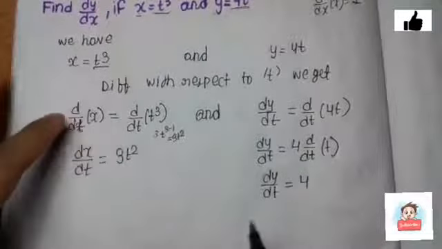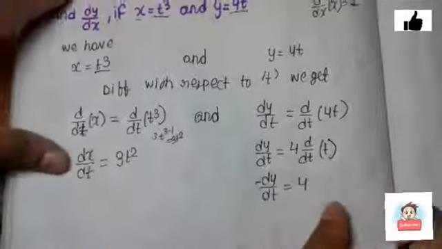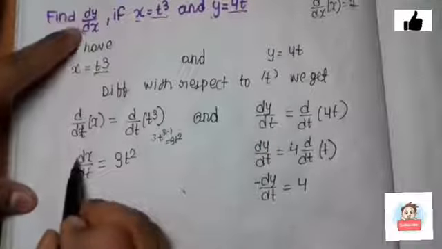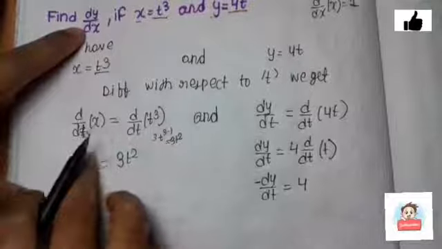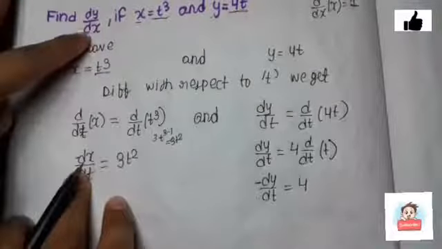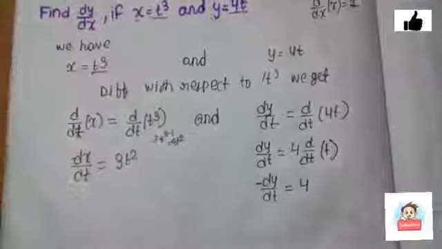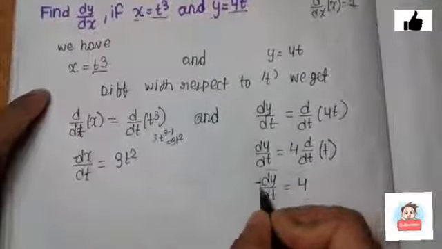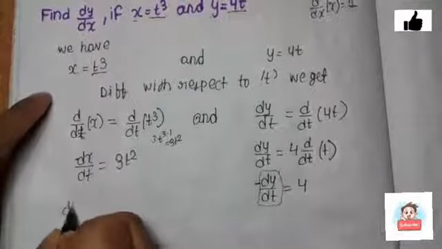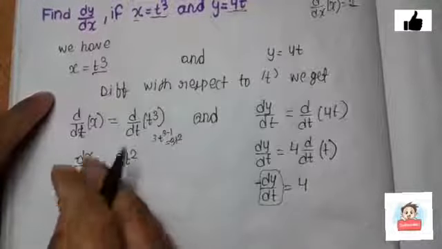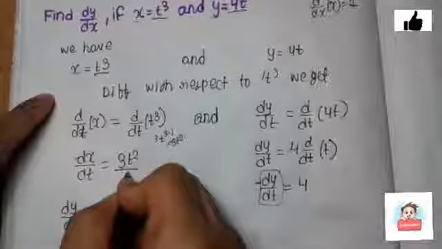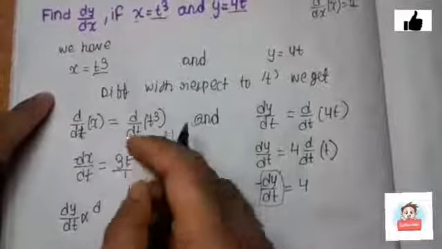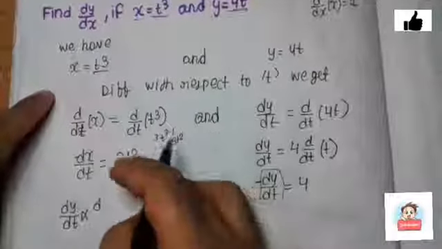Now you just see one thing: dy is in the numerator here, but when you see this, dx is in the numerator and dt is in the denominator. So in this we will cross multiply. This one is the same, we don't need to change it. We will write dy by dt, but we will change this one. This is 3t squared by 1. So when we multiply, we will bring this 3t squared into the denominator.